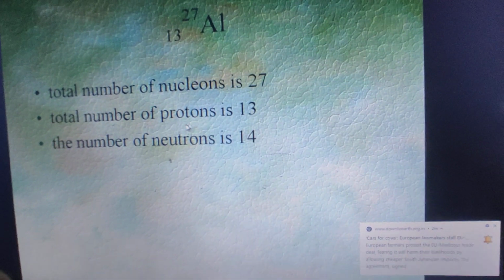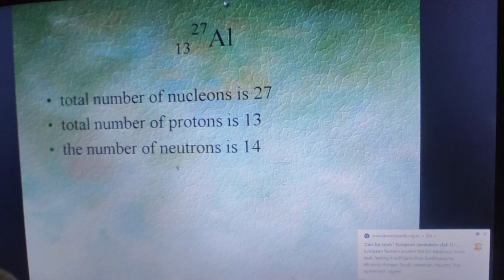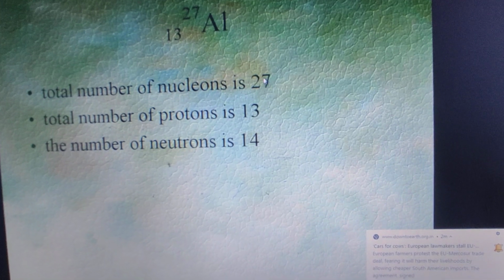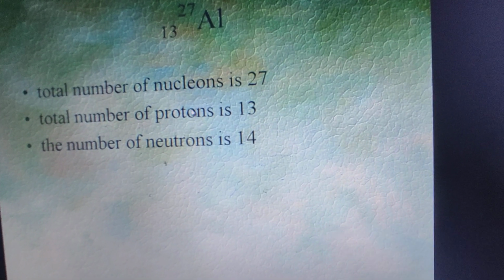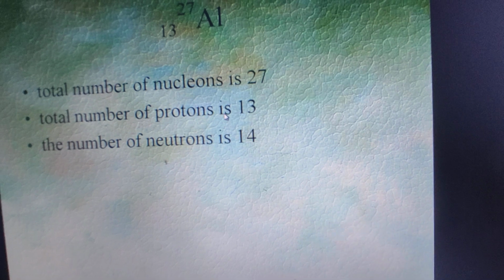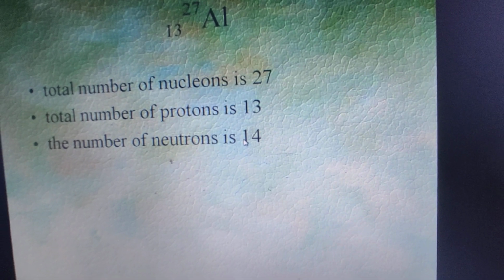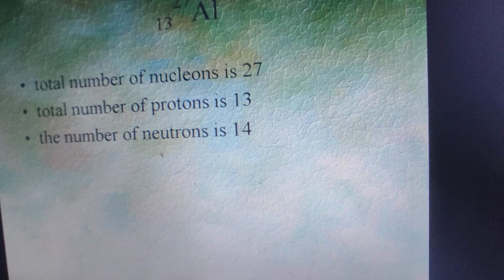This is the number of neutrons present in the given aluminium nucleus. So 27 is the atomic mass number, 13 is the atomic number, and the number of neutrons is 14. The number of neutrons is usually represented as N.